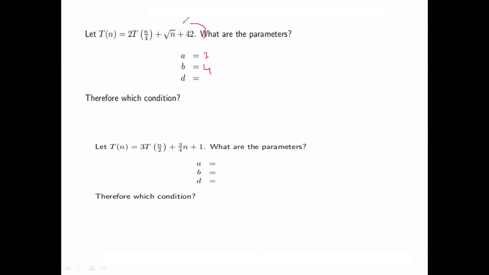What is the d value? This is the function, f of n equal to root n. The power is n power 1 by 2, so d equal to 1 by 2. So 4 power 1 by 2.